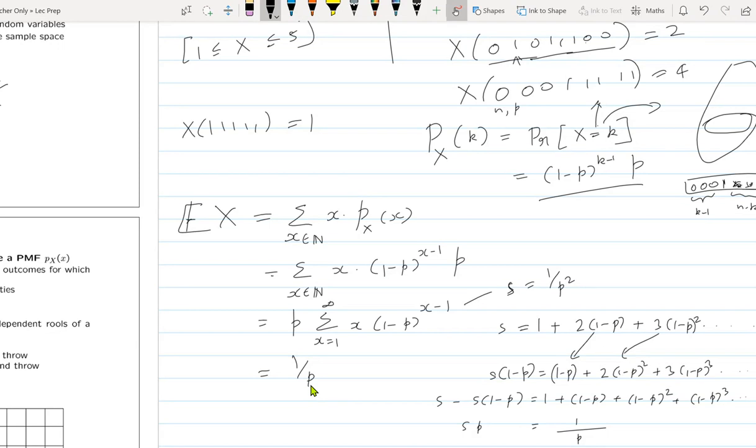Let's say the probability of getting a head is very, very small, 1 by 1000. Then you need to wait for 1000 steps to see a head on average. If it is 1 by 10,000, a very minute probability of seeing a head, then you need to wait even longer.